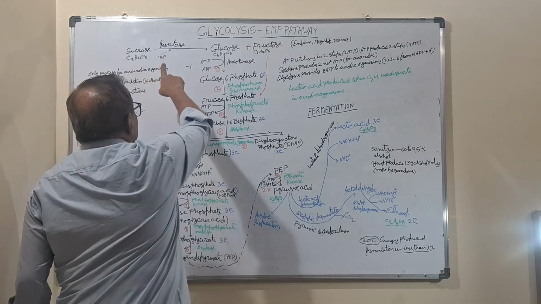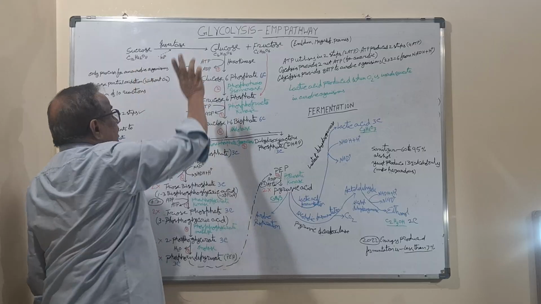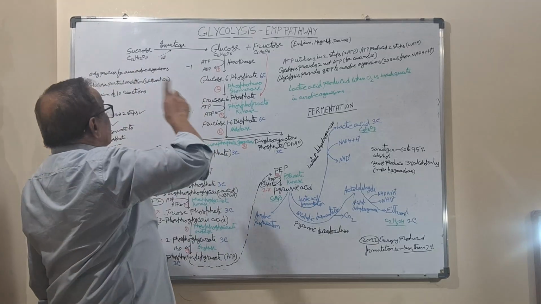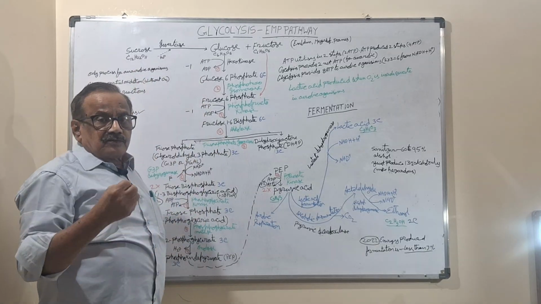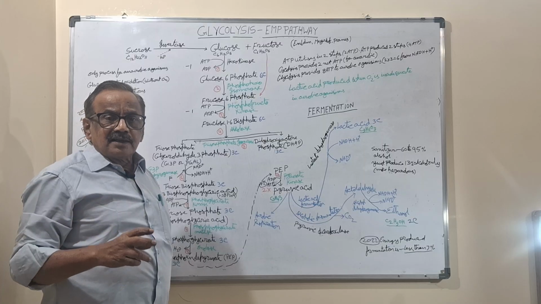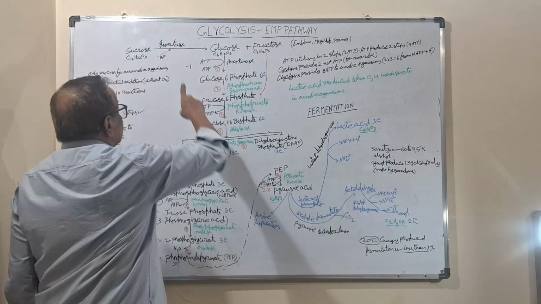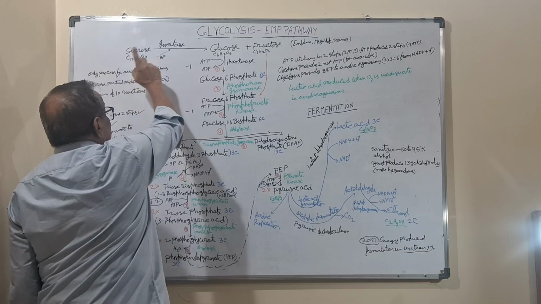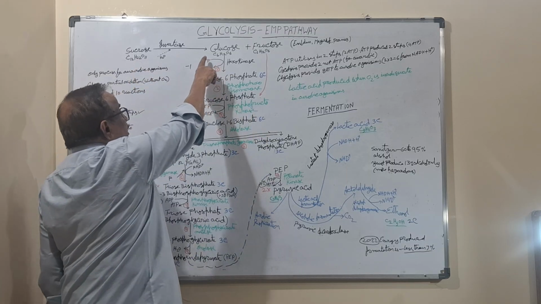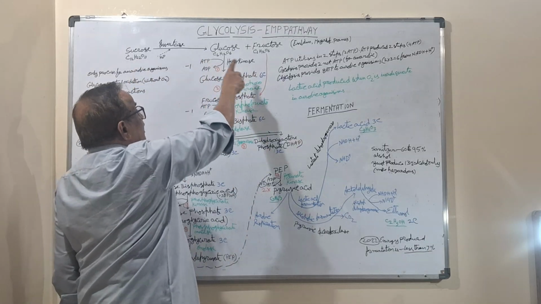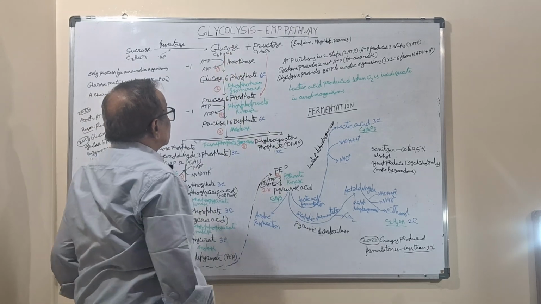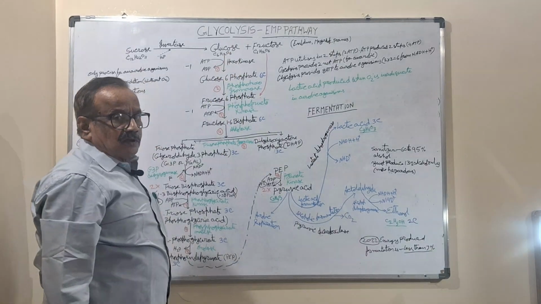Now sucrose is derived by the plant and supplied to the cell as food material, the respiratory substrate. After reaching the cell, sucrose, which is a disaccharide, will be split into two monosaccharides, glucose and fructose.